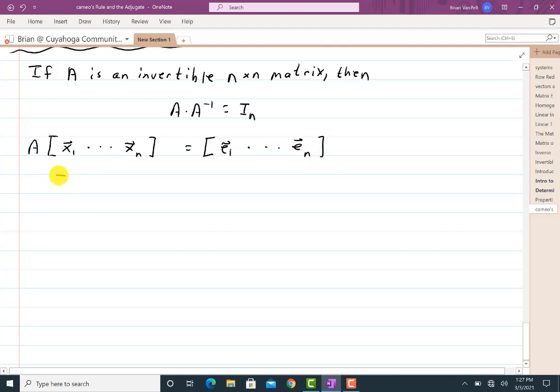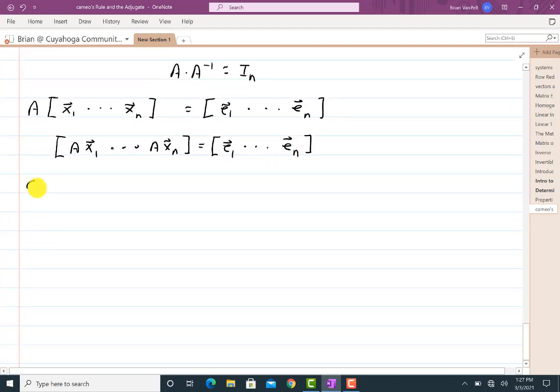So multiply the A through. Then if we look at column J, so what do we have there?